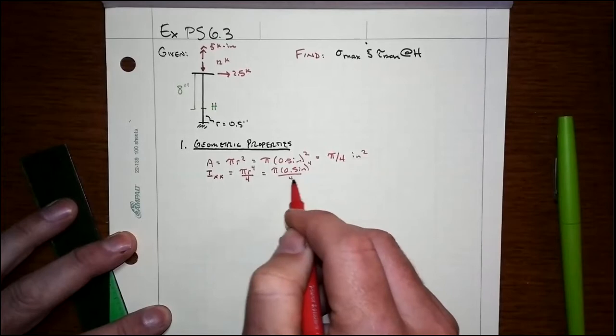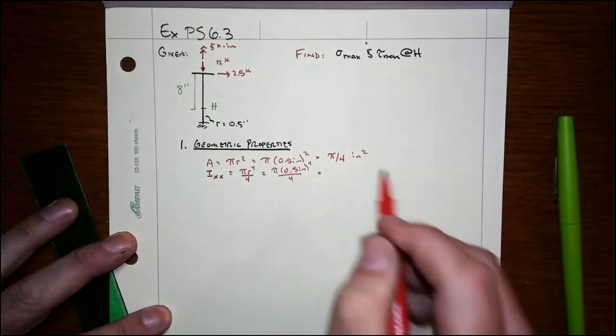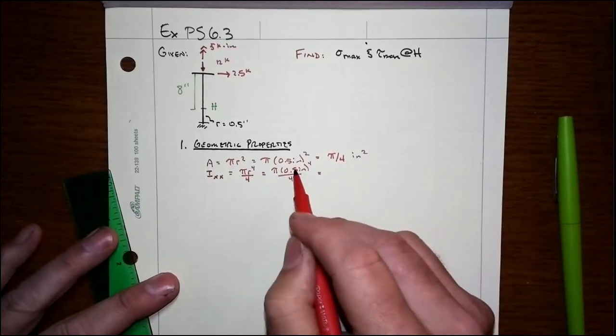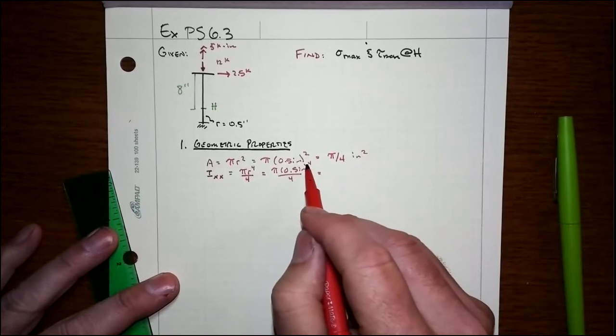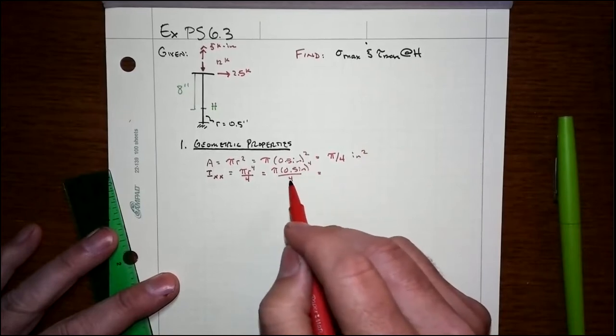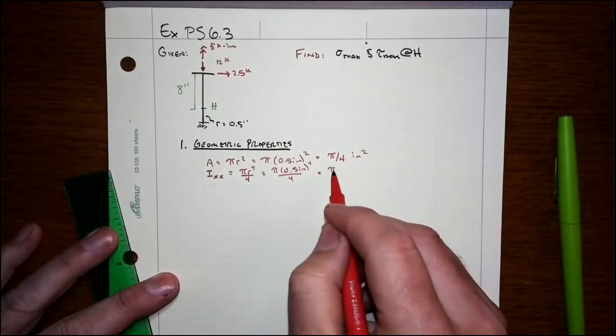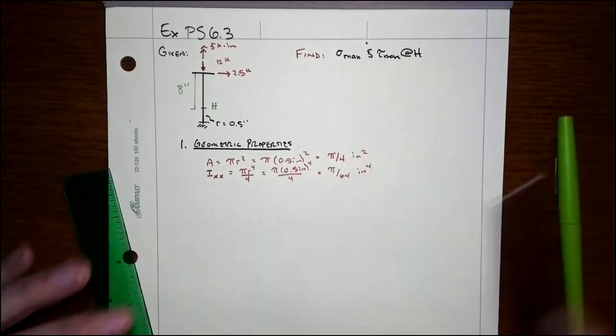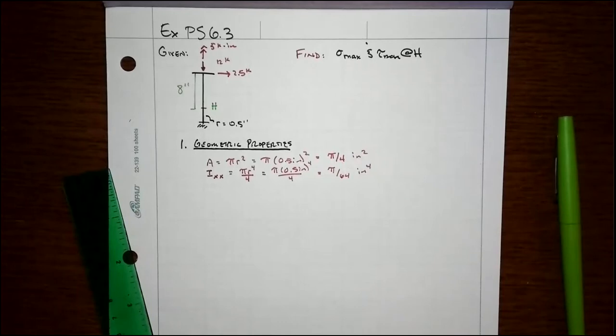Look it up if you need to. What I remembered actually was the polar moment of inertia, which we'll talk about also here. So that's 1 over 2 to the 4th power. That's 1 over 4 squared. That's 1 over 16. So 16 times 4, that would be pi over 64 inches to the fourth. Again, if you don't like that, go ahead and just work out the number if you want.